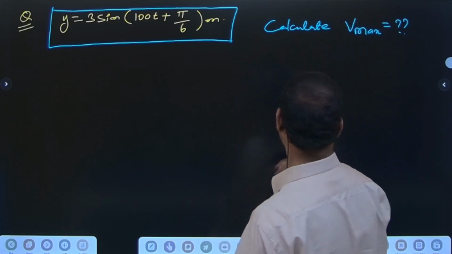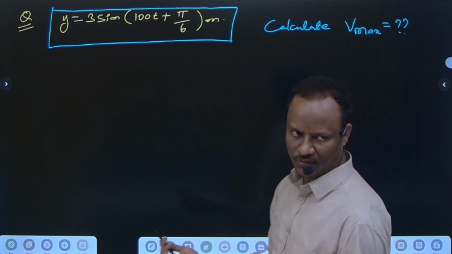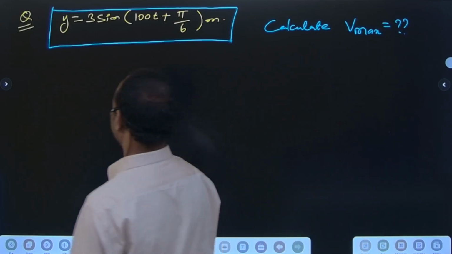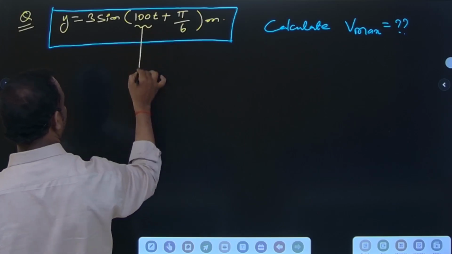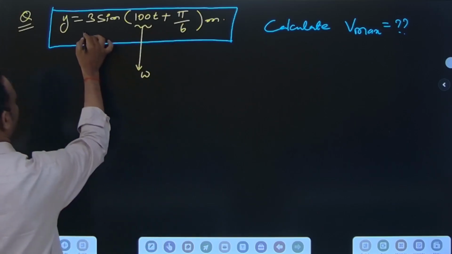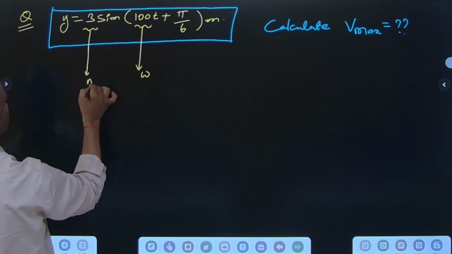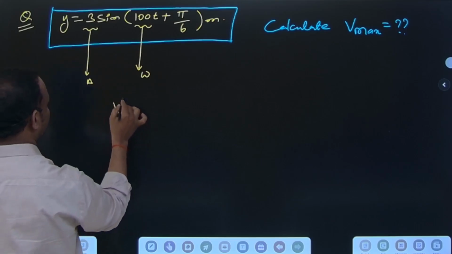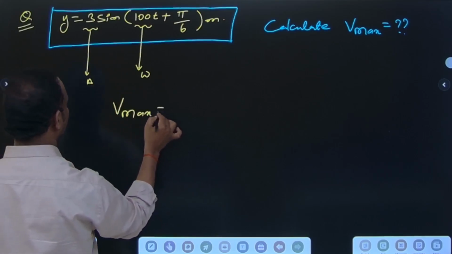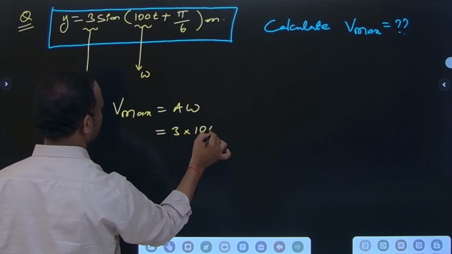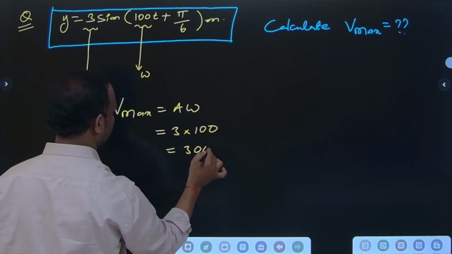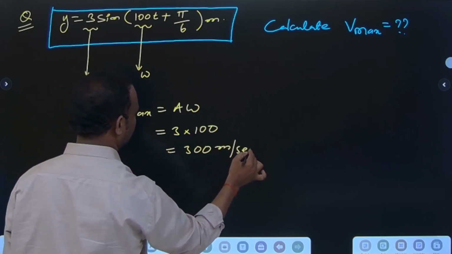V max is A omega. Here A is 3, omega is 100. So V max is A omega, which is 300 meter per second.